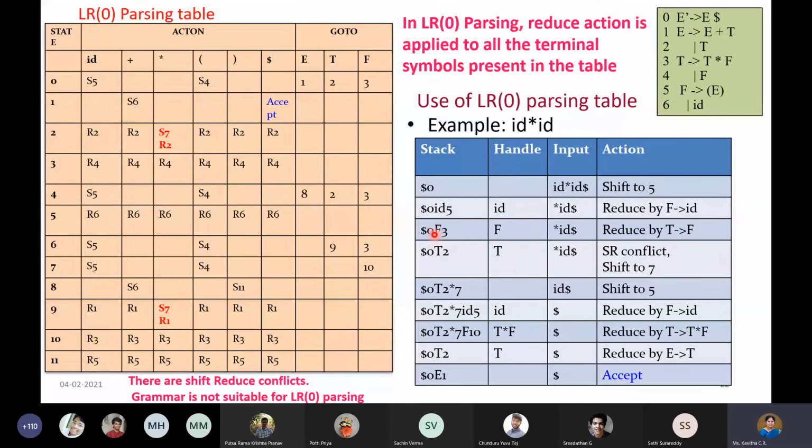After doing this, you have to see what is the state number here, 0, go to 0, and what is this symbol? F. At 0 on F, what is the number we have? 3. Means it should go to state number 3. That is what this number is. Okay, so whenever you perform a reduce action, students, you have to remember one thing.